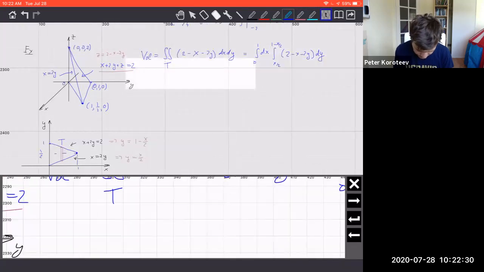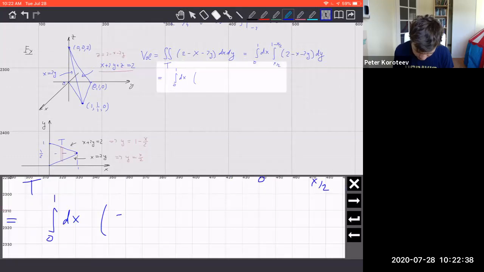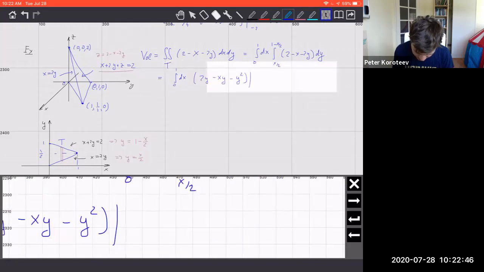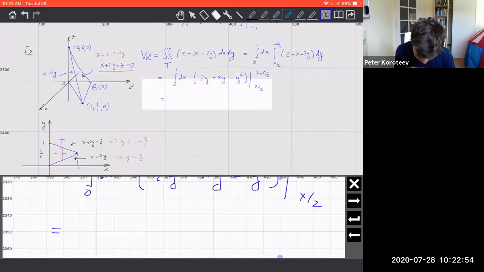To integrate the function, it will be equal to 2y minus xy minus y squared between these two, x over 2 and 1 minus x over 2, integral 0 to 1 dx.